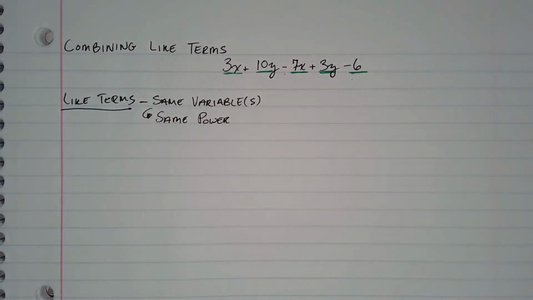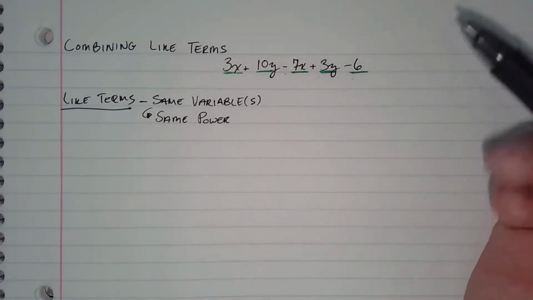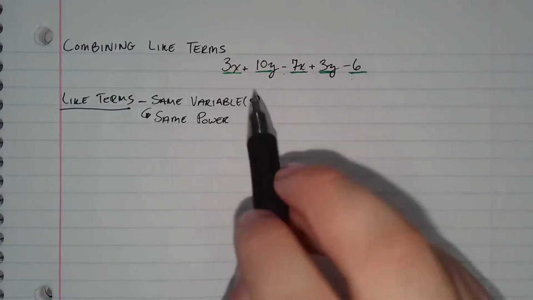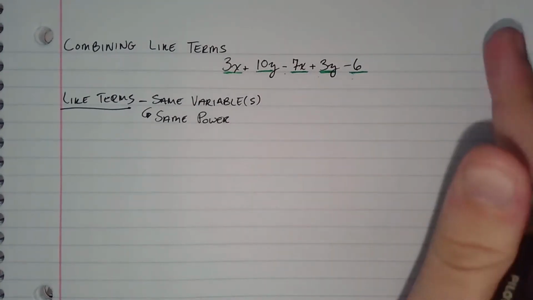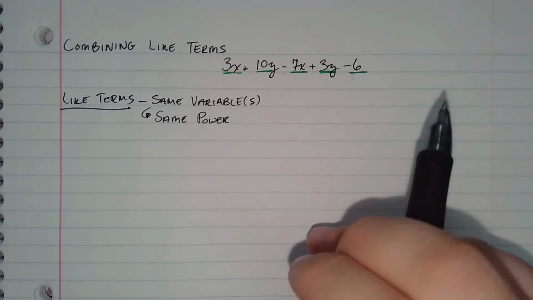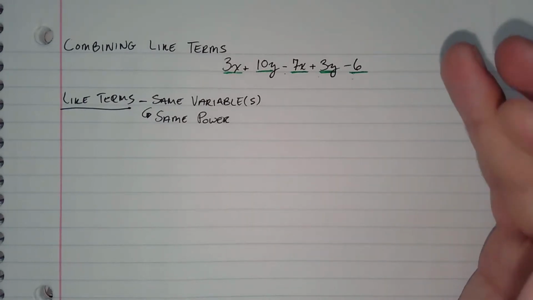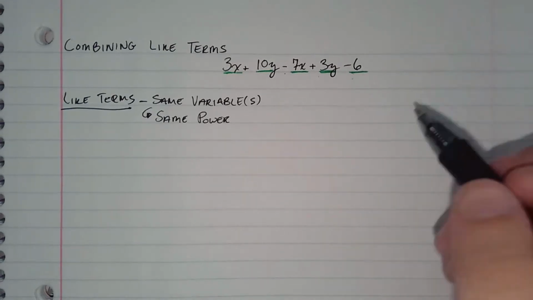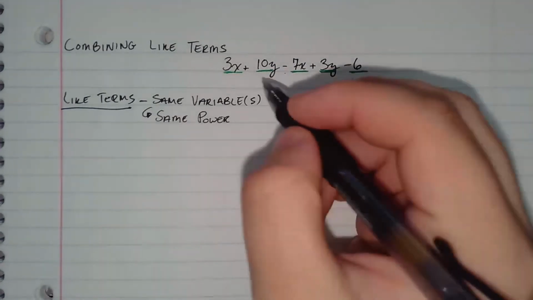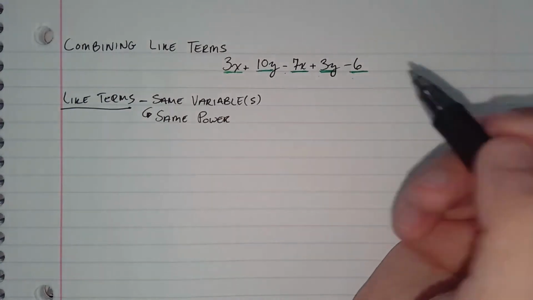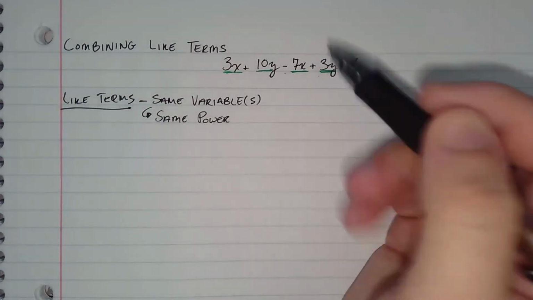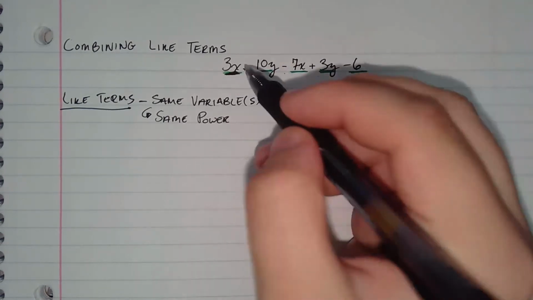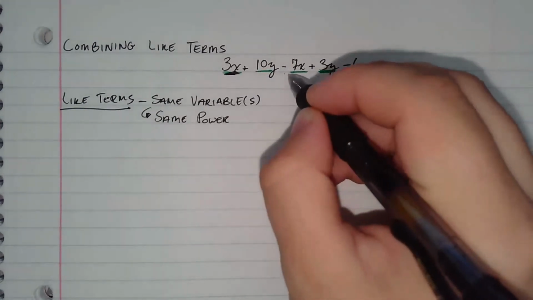So, in this case, they're all to the power of 1, so we can combine anything that has the same variable. But next example, I'm going to give you one with power of 2, just so you can kind of see. So, the first thing I do is, I start from left to right, and underline everything that has the same variable as my first term. So I start with 3x, and I have a minus 7x.